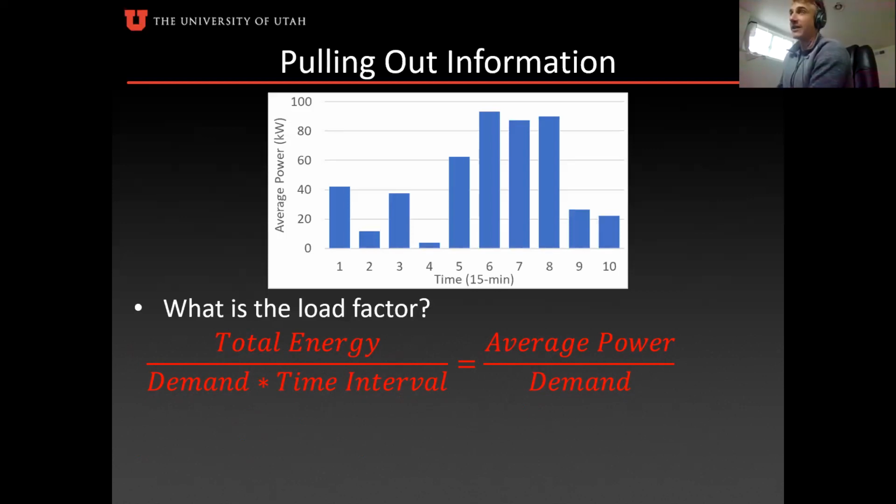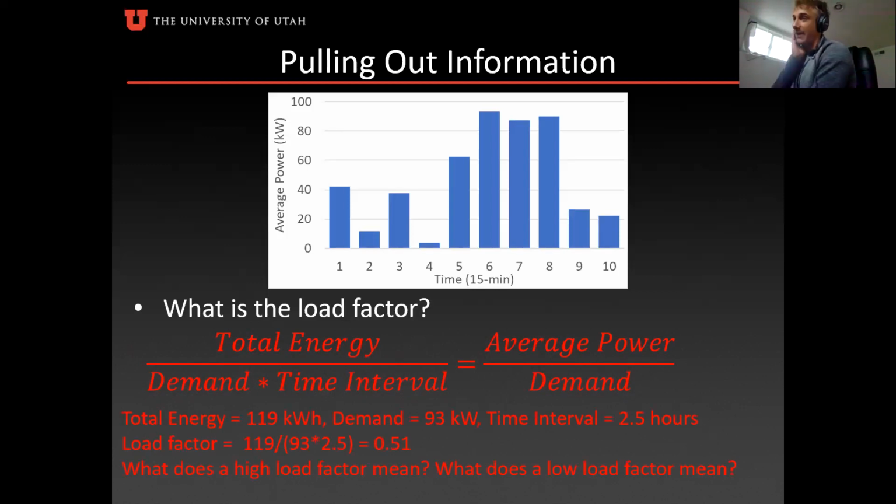Won't make you calculate it out, but you can guesstimate just by looking at it that the average power draw compared to the peak power draw is about 50%. If you do the math out, it's about 0.51. So on average, they're consuming about half the power that they do at their maximum power draw.